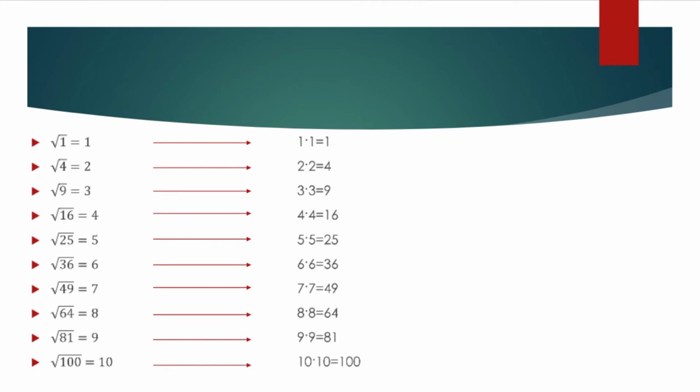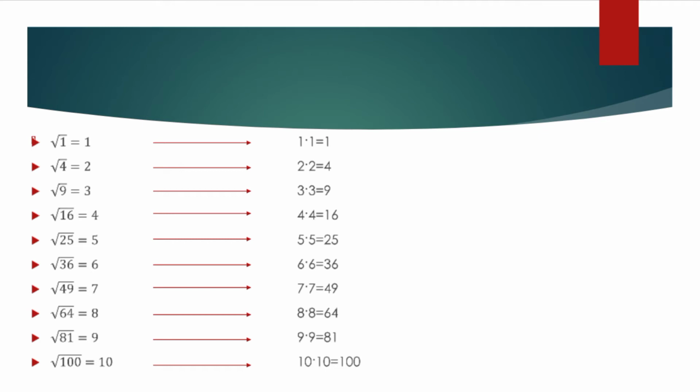So, in this lesson, it is very important to memorize the perfect squares or at least familiarize yourself with them. So, let's have a short review. The square root of 1 is 1. The square root of 4 is 2. The square root of 9 is 3.